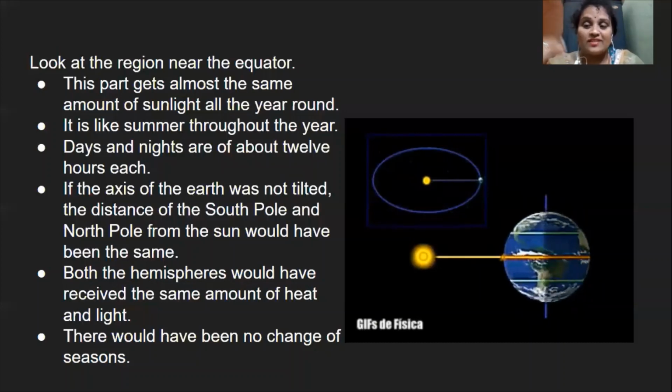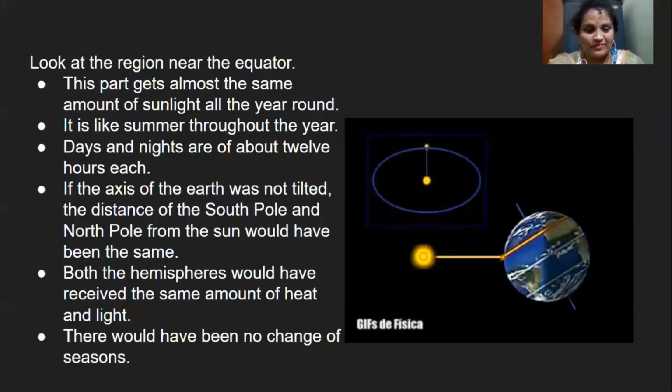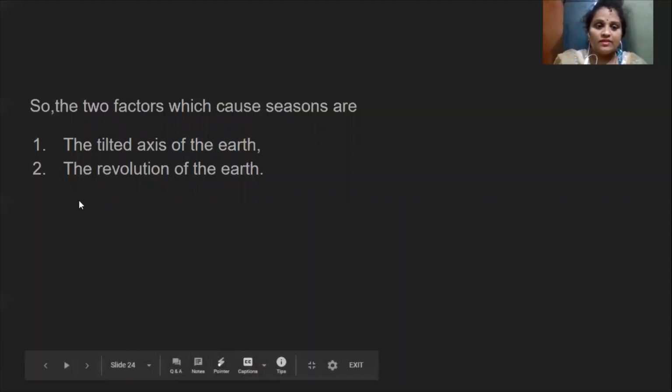Both hemispheres will have the same seasons. So we can come to a conclusion. What is that? The factors which cause seasons are the tilted axis of the earth and the revolution of the earth.